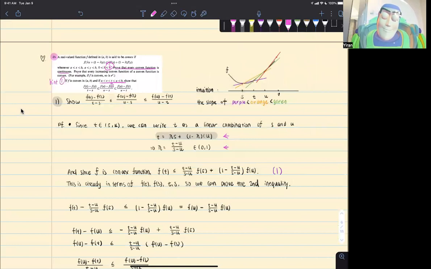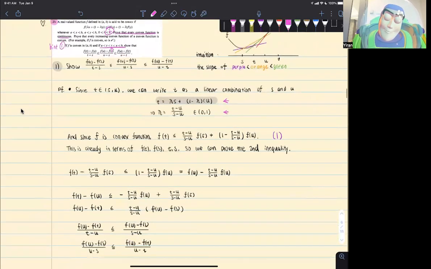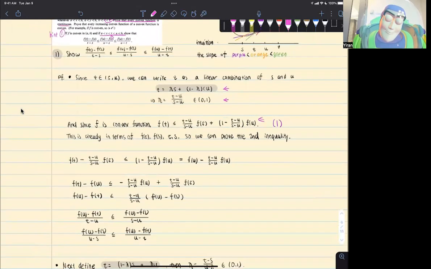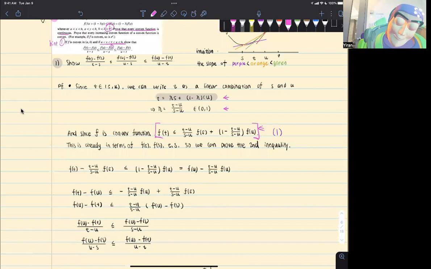And once you do that, you utilize the condition of convex function. F is a convex function, so it satisfies the definition, and from this inequality, you can actually deduce the inequality. I'll mark here 3 and 4.